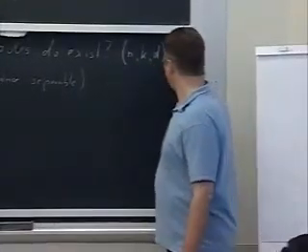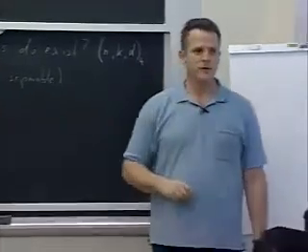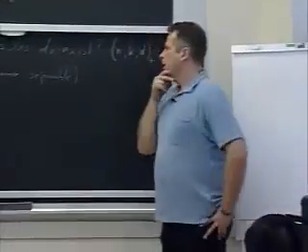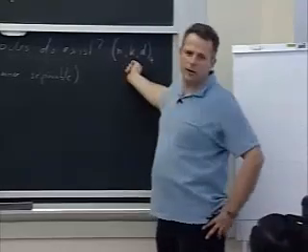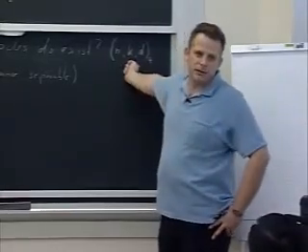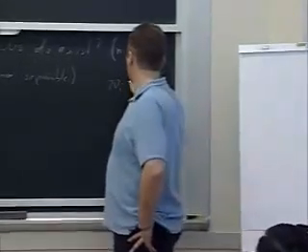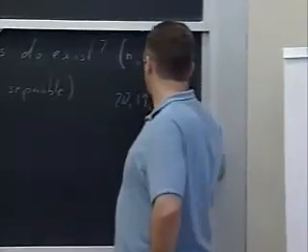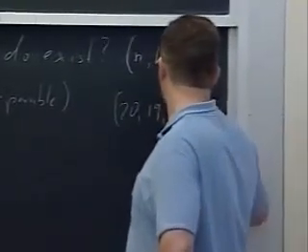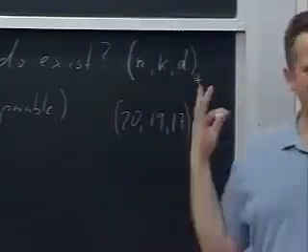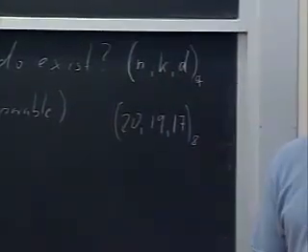And let me add a q, if I want to emphasize that this is over the q-ary field. Okay, so are all numbers possible here? Do we have a 20, 19, 17 code over, I don't know, F8? Is this possible? What would you think?